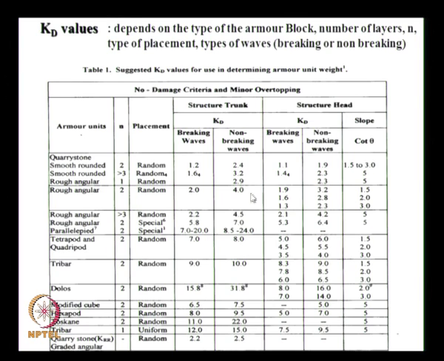Point is clear, no? Stability coefficient is not constant, though the formula is simple. Stability coefficient depends on the slope, on whether it is a head or trunk, on breaking or non-breaking waves, and it also depends on type. Suppose I am using 8 for tetrapod, for angular stone I may be using only half of that, 4, and if it is breaking we will use only half of that, 2.